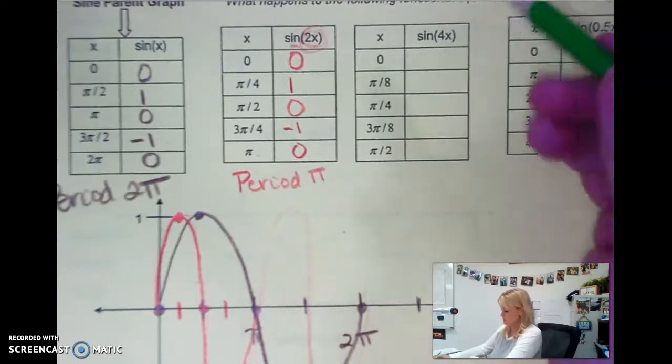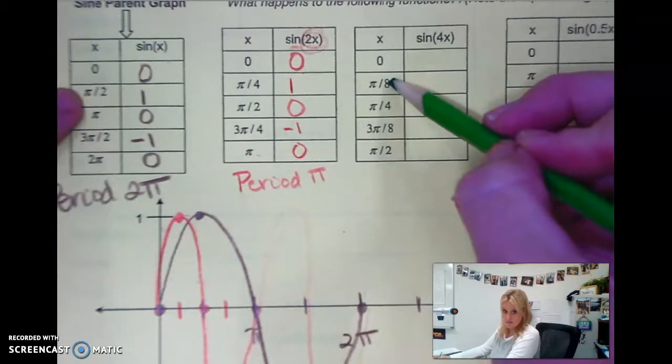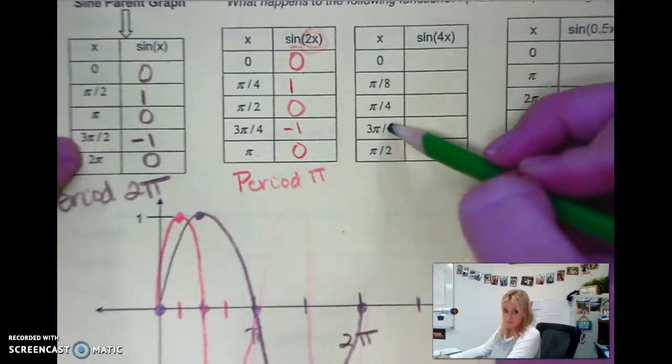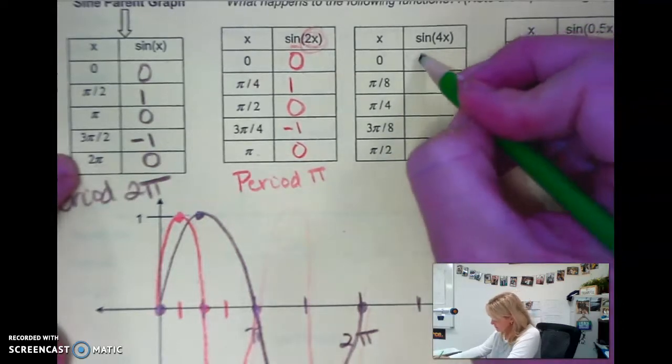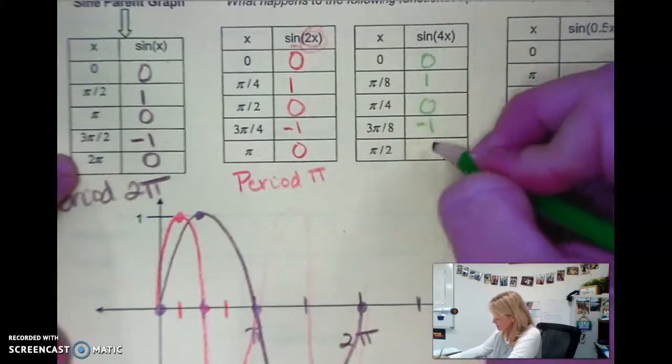I divide by 4. 0 divided by 4 is 0. Half a pi divided by 4 is an eighth of pi. Pi divided by 4 is pi over 4. This becomes 3/8 pi and half a pi. These numbers over here are not changing because it's inside the function.